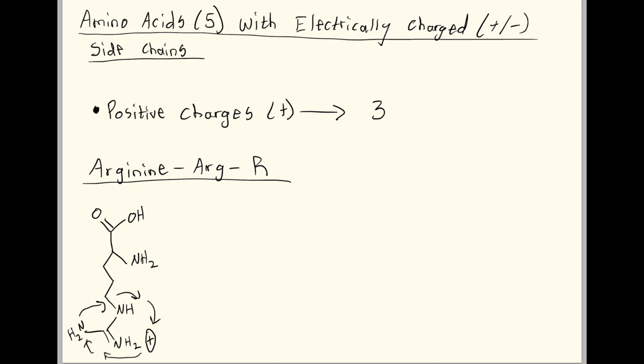Now, another point I want to make is, if you think about the 3-letter code for arginine, it almost sounds like a strong engine. So I want to point that out.